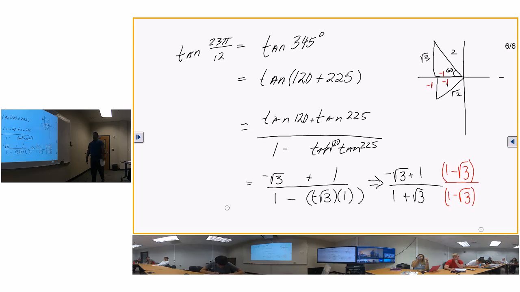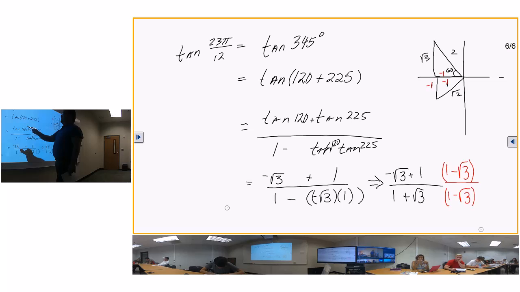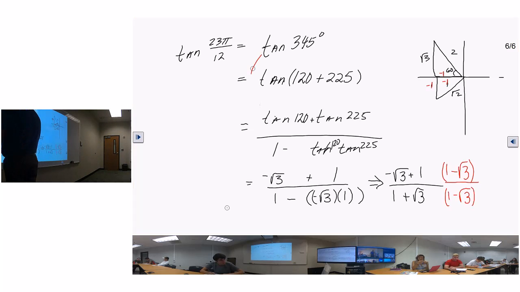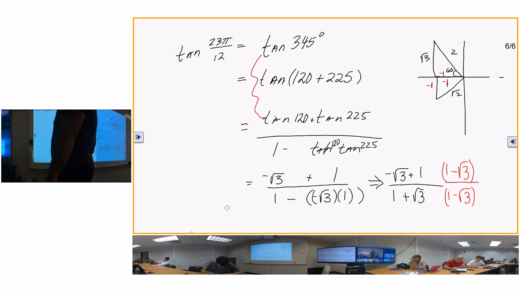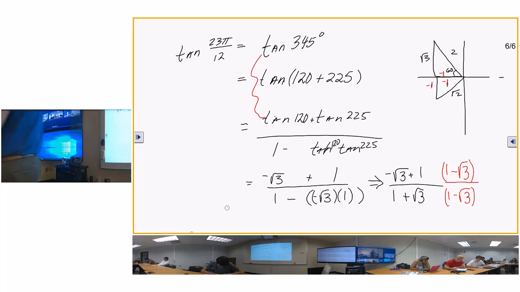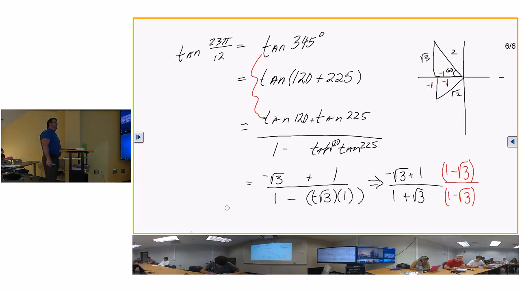Again, how much of this question is new identity stuff? Not much. Just right here is new identity stuff. The rest of it is all algebra and basic math, which I told you before, you're going to see a lot of in Calc 1.